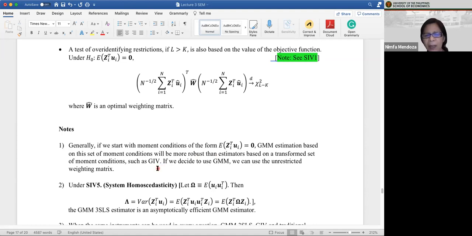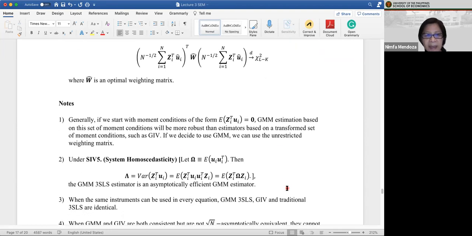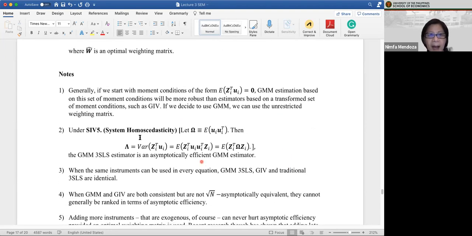We have omega to the minus 1/2. If we decide to use GMM, we can use the unrestricted weighting matrix. Under system homoscedasticity, the GMM three-stage least squares estimator is an asymptotically efficient GMM estimator.